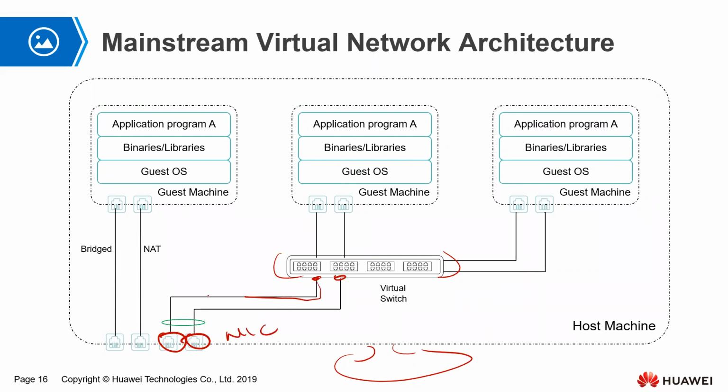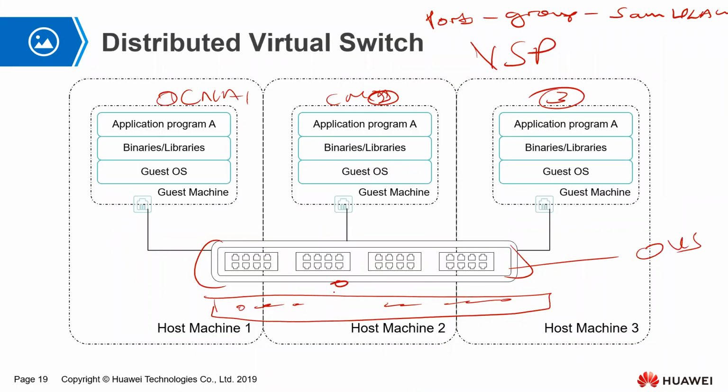So the link from the switch to our physical network interface card is what we are calling the uplink.